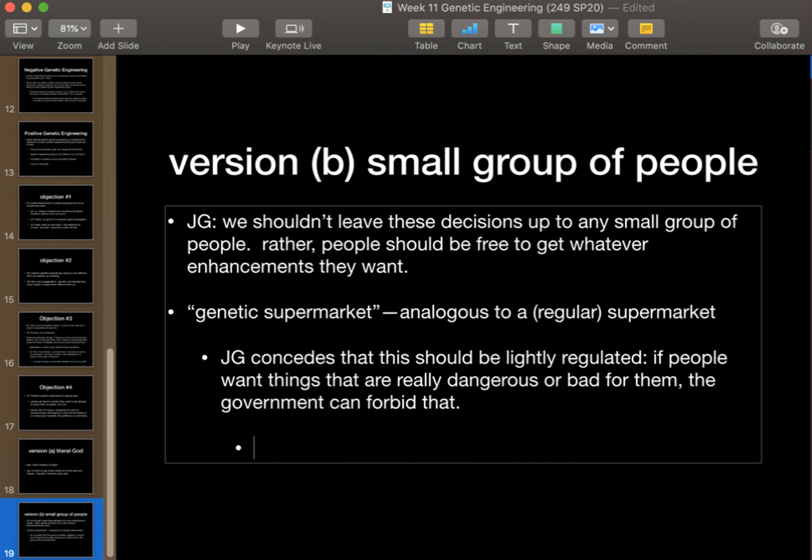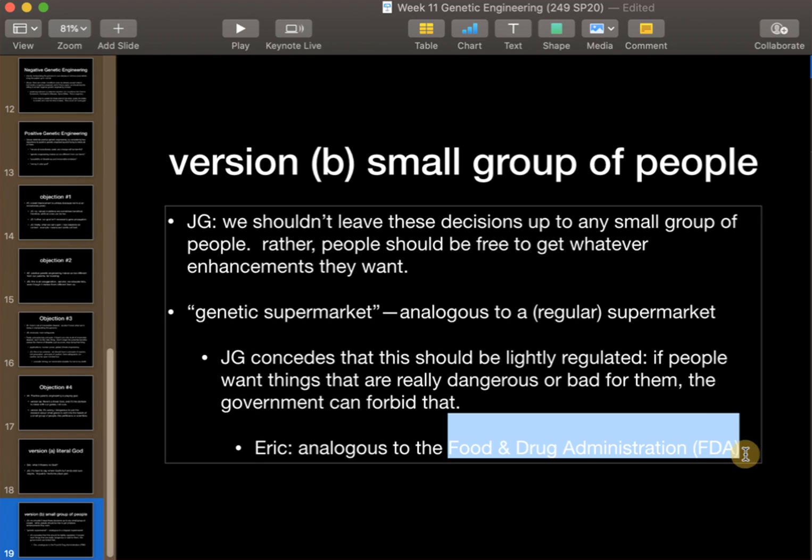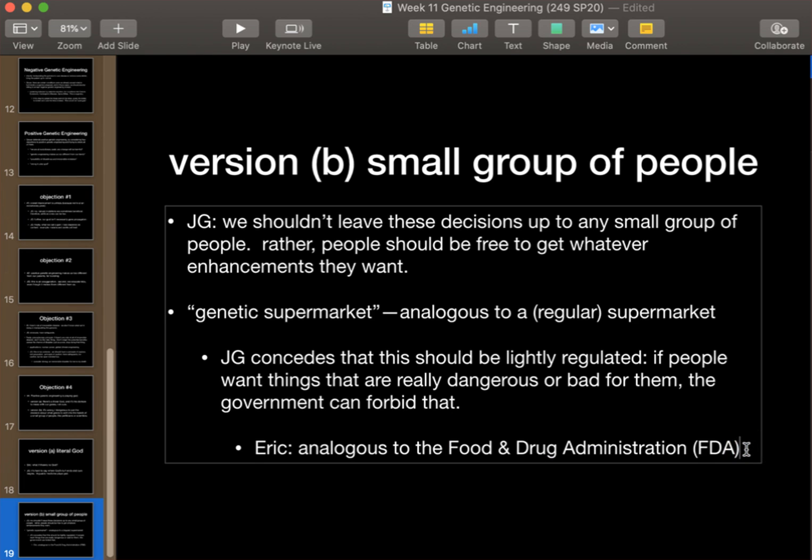He doesn't say it, but I'm going to make this point for him, that this is analogous maybe to the Food and Drug Administration, okay, the FDA, where we have a real supermarket for food where it's just supply and demand determines what food is made. And it's lightly regulated in that the FDA says, well, you can't sell poisons, okay? You can't put toxins into your food. There's certain things you can't sell, but outside of these things like toxins, poisons, whatever, just whatever you want. Whatever people want, that's what we should sell.